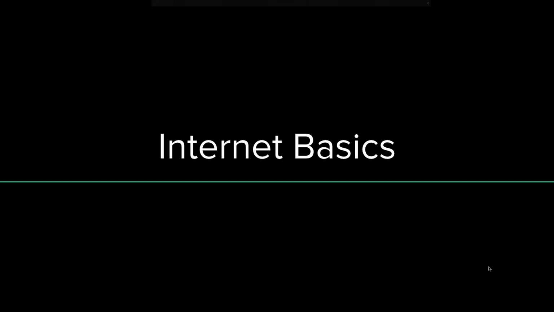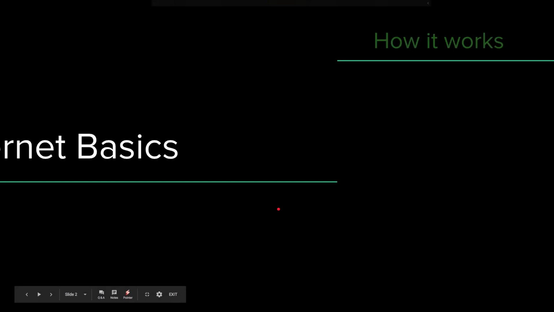Okay, let me give you some brief overview here. So actually, we will have something called a client. A client is nothing but a machine which is used by the user to access the internet.